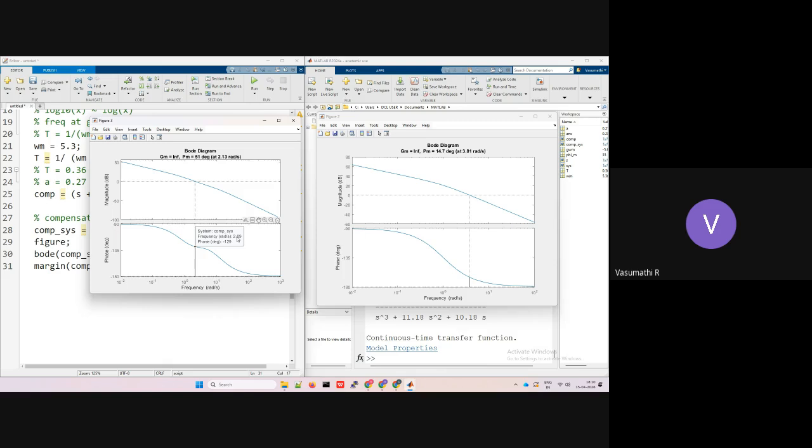So we will do the lag compensated design.